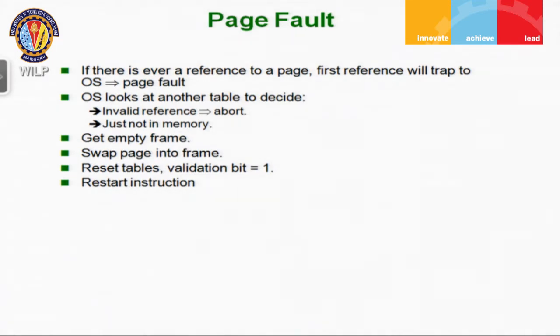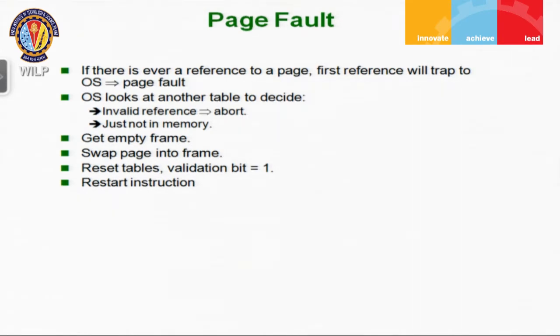It will generate a trap to the OS. A first reference to any page always causes a page fault, primarily because of load on demand: until you reference it, until you need it, the page is not brought in. So the first reference always results in a page fault.